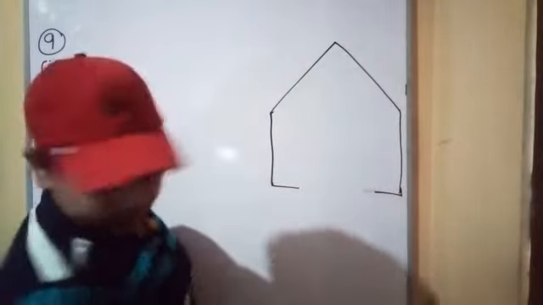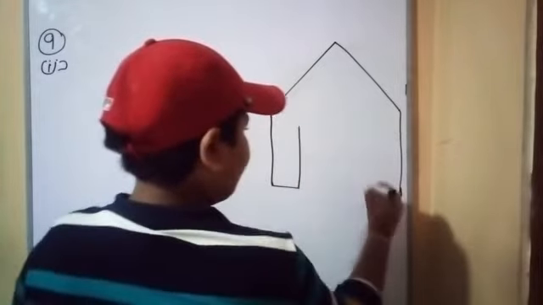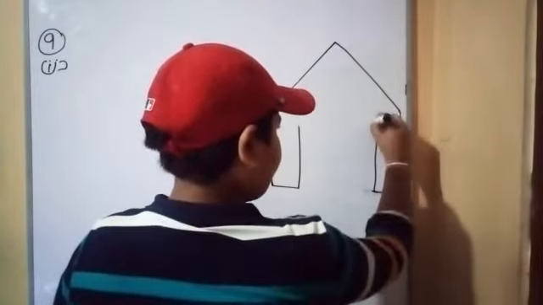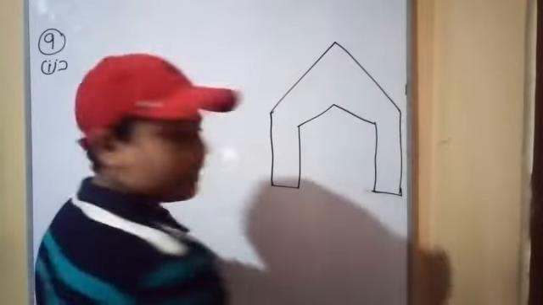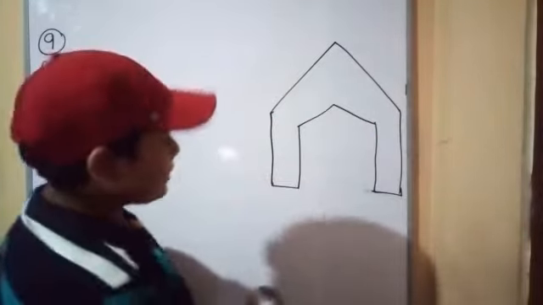Then another line going vertically like this, and a small part on top like a roof. Now this is the figure.